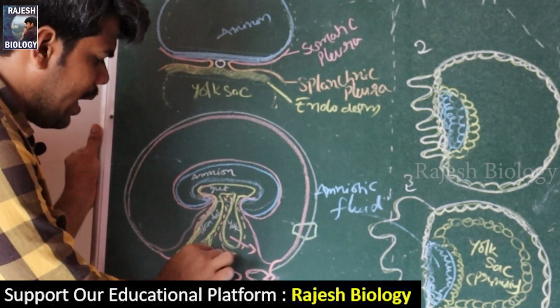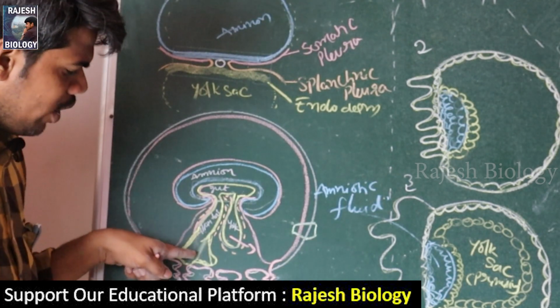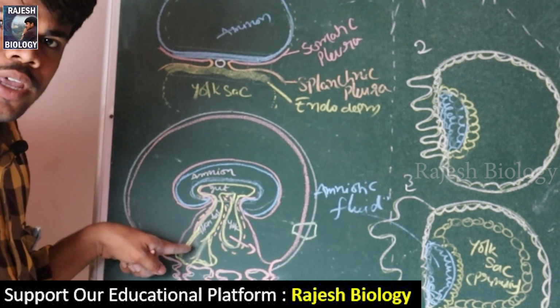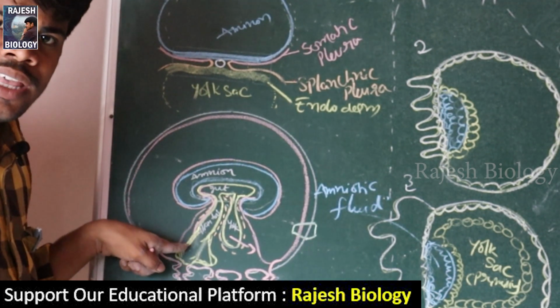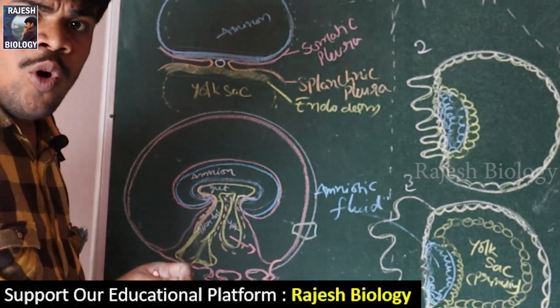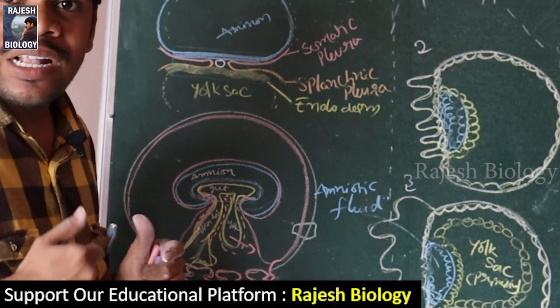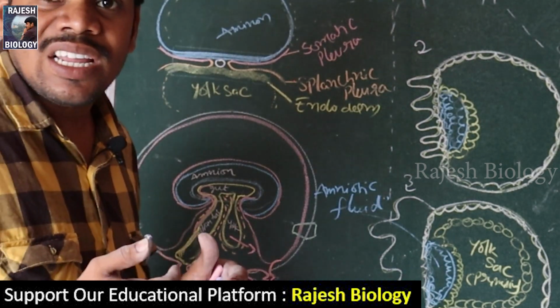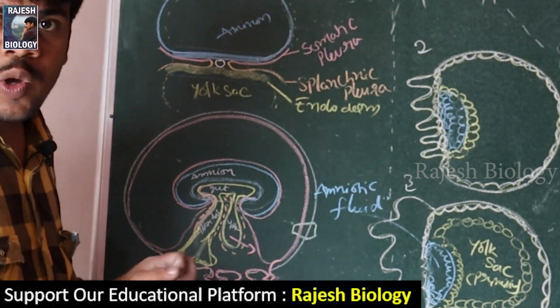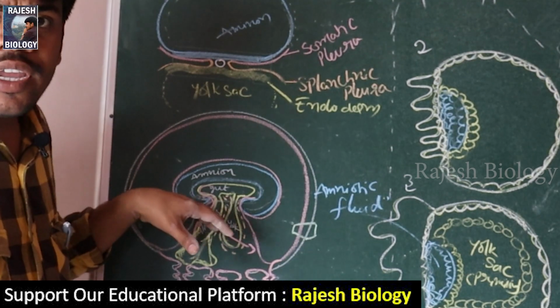So it develops up to the chorion, where the chorion and allantois communicate with one another. Here it is more vascularized. The more vascularized portion of the placenta is where the allantois and the chorion communicate together.